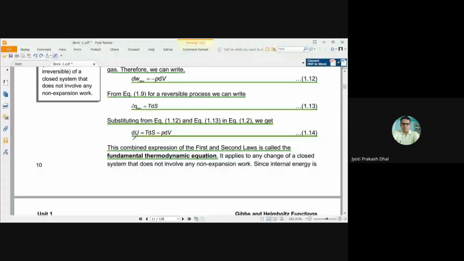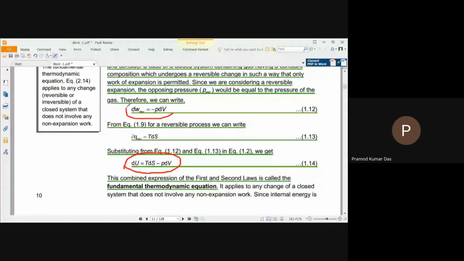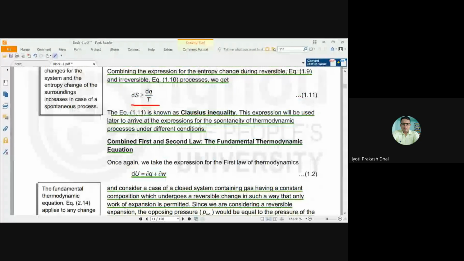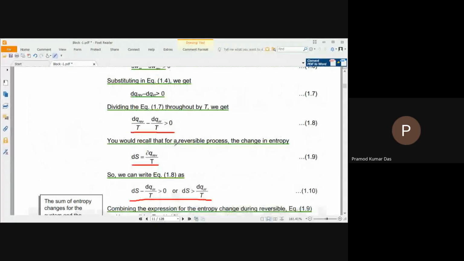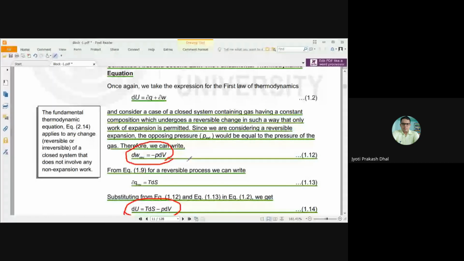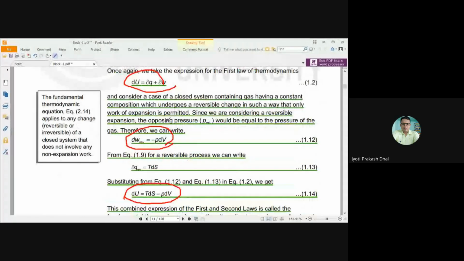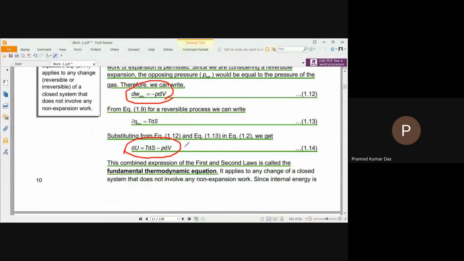Then dU equal to TdS minus PdV. Here we have found the value of dW, that is minus PdV, and here we are putting the value of dQ reversible equals TdS. So putting both values in the mathematical statement of the first law of thermodynamics, we can write dU equals TdS minus PdV.